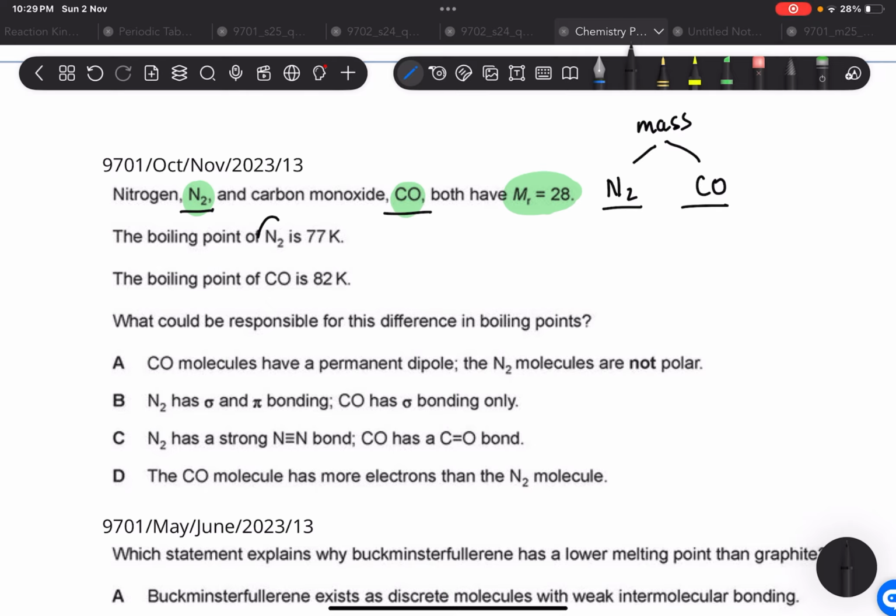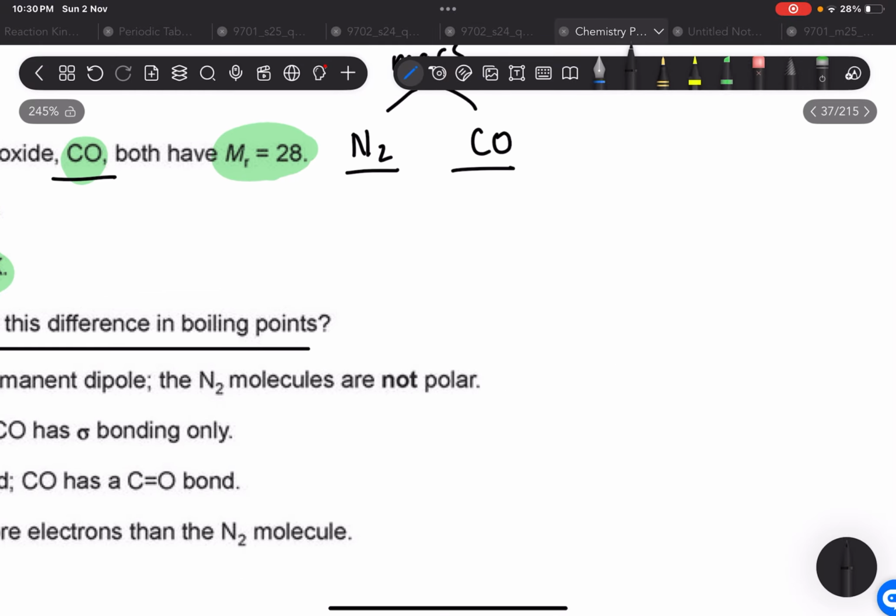The boiling point of nitrogen is 77 Kelvin, and for carbon monoxide, it is 82 Kelvin. What could be responsible for this difference in boiling points? Now we need to figure out one thing: we know that boiling points are because of intermolecular forces.